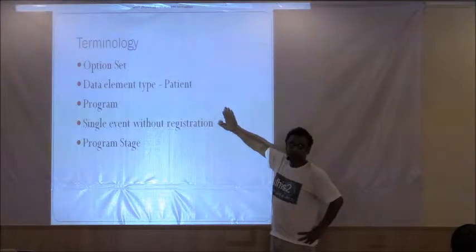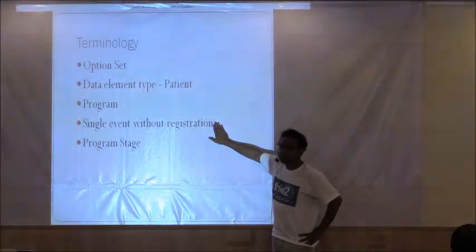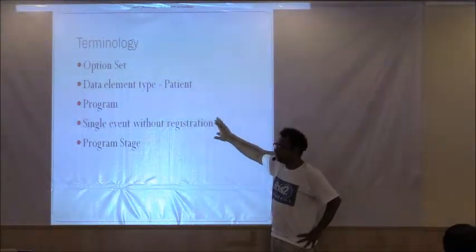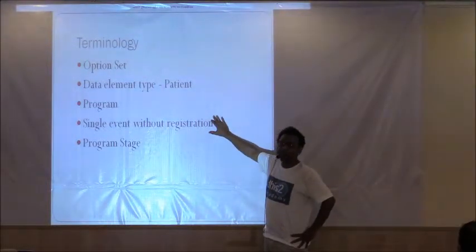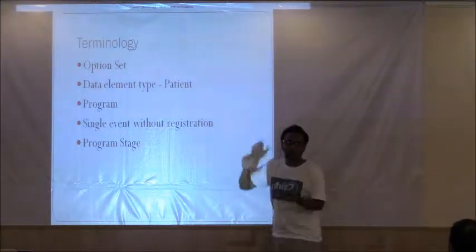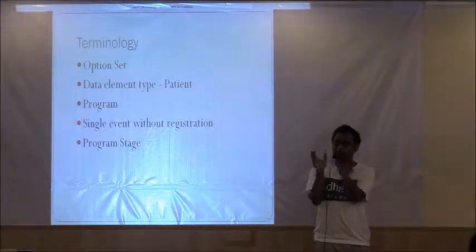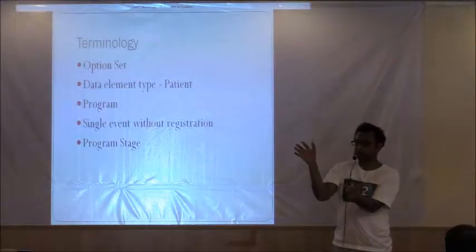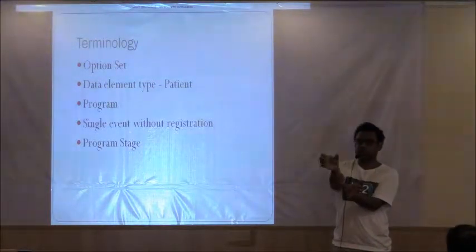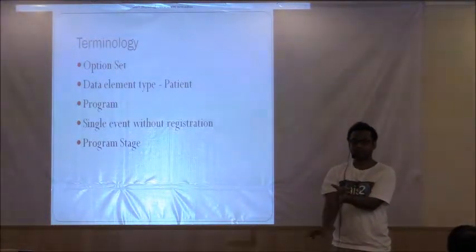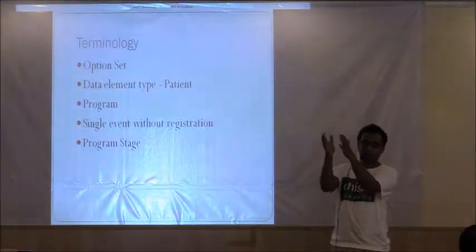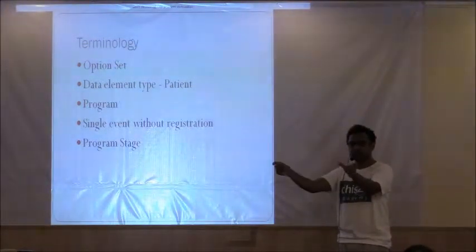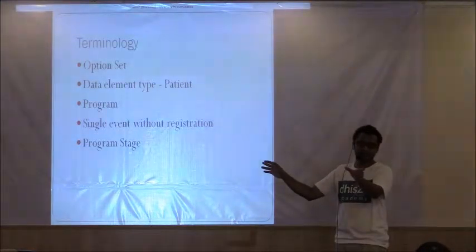And now we are only focusing on this one, at least for the next half an hour or 15 minutes: single event without registration. That means you're just creating a program. You're not doing anything with the person's name at all. We are just collecting case-based data, for example, let's say mobility details, ICD code, age, gender, that's it.